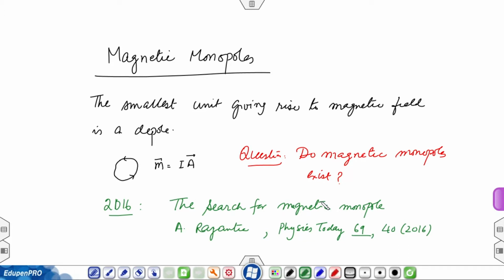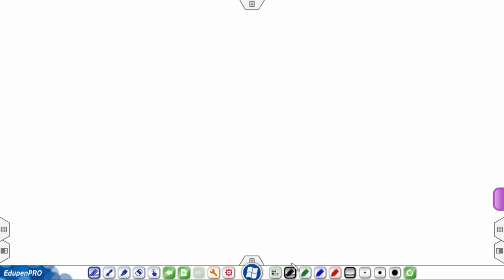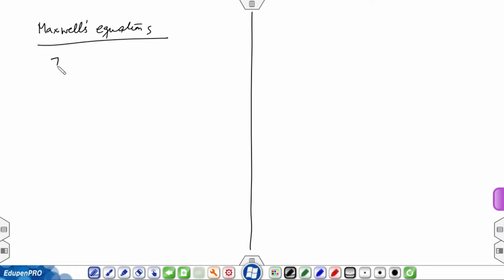So, let us begin with the Maxwell's equations that we have learned so far, and they are: divergence of the electric field is charge density over epsilon 0. Then we have curl of E, which is minus partial derivative of B with respect to t.